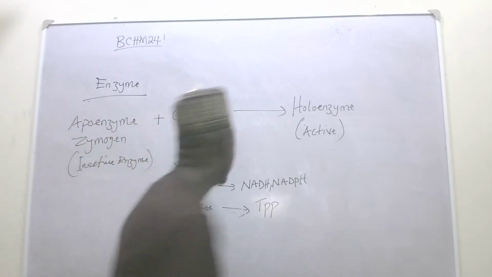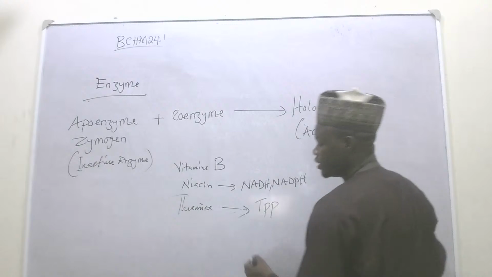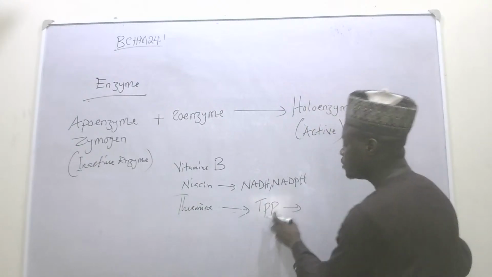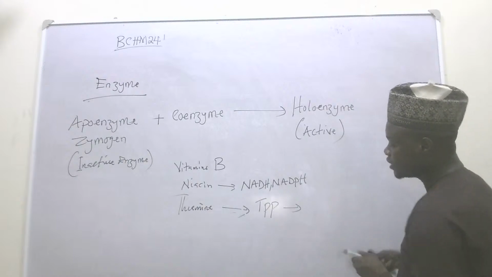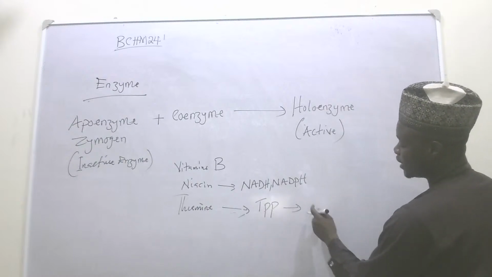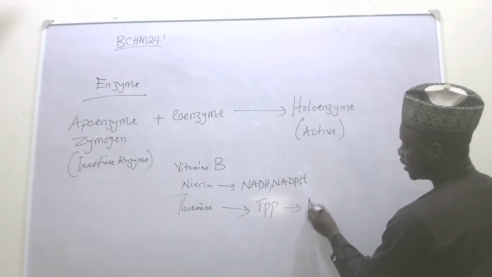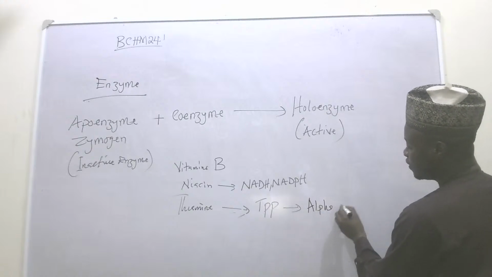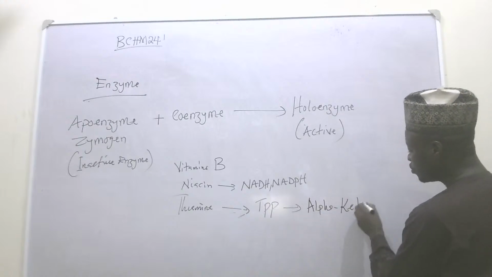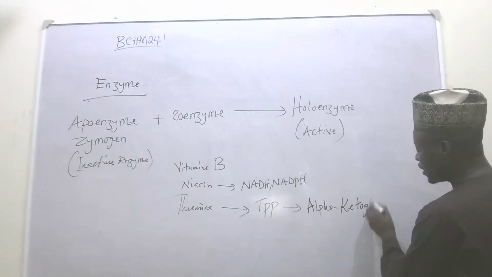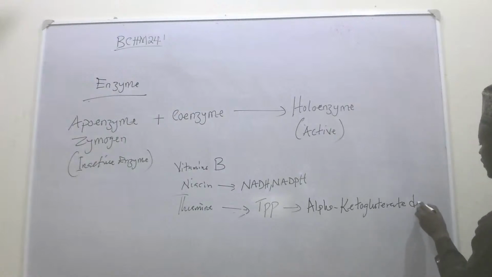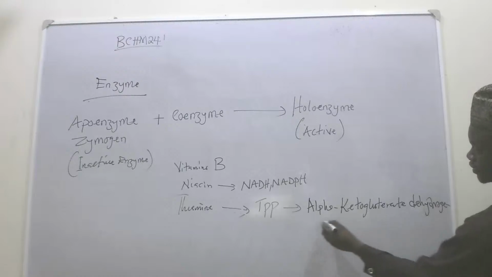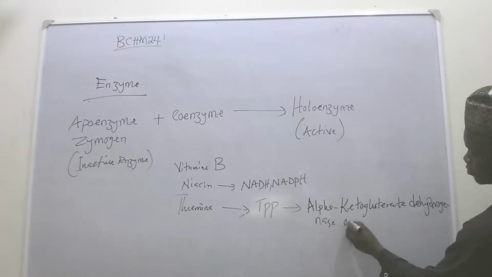Some examples of enzymes that require these coenzymes, for example TPP. The TPP is required by enzymes like alpha-ketoglutarate dehydrogenase enzyme.